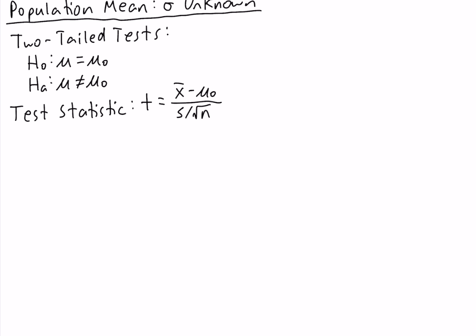Our test statistic is written t here because it follows a t distribution, and a t distribution has a degrees of freedom associated with it. The degrees of freedom here is going to be n minus 1.